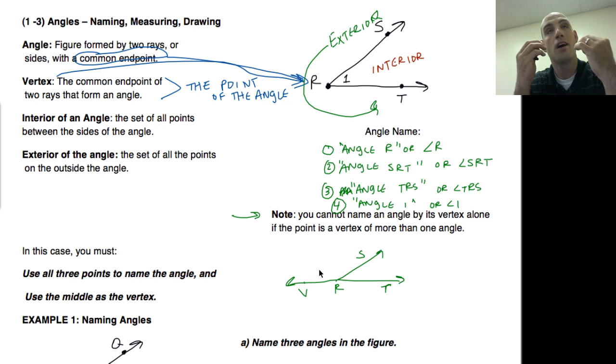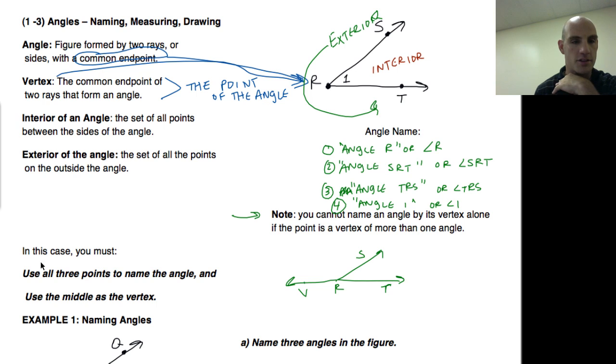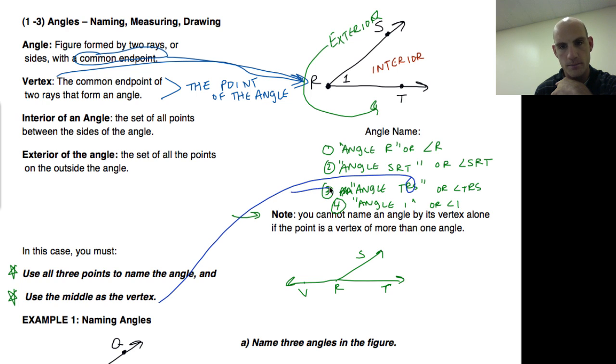So it has to be the point of but one angle. In this case, we must use all 3 points to name the angle, and you must use the middle as the vertex. Notice, R is in the middle. The vertex is in the middle because you go in order. Geometry is an order kind of a thing.